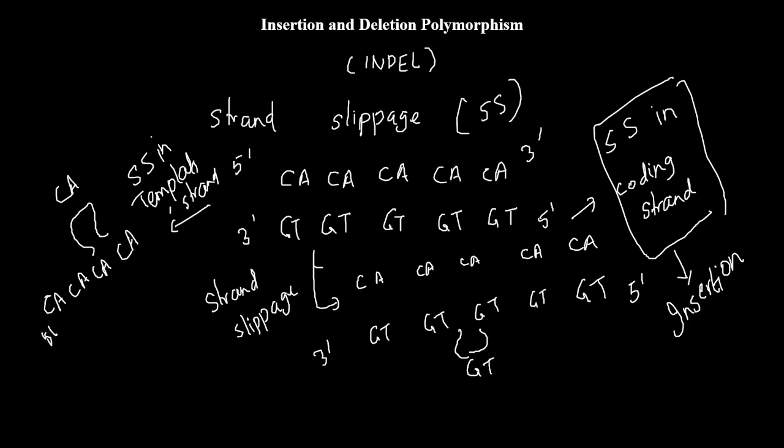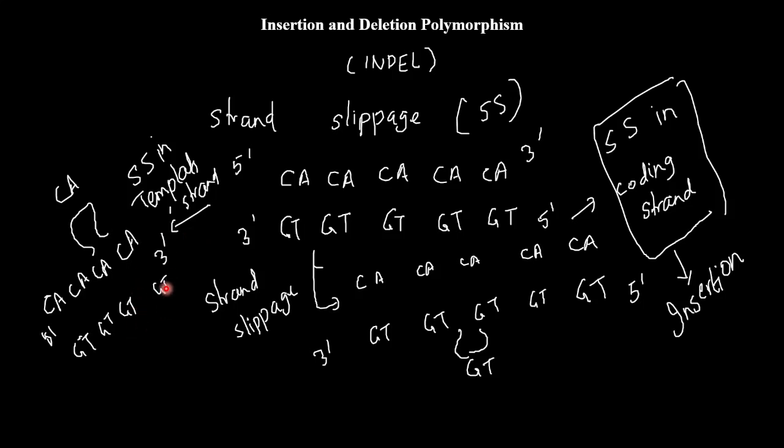Okay. Now, DNA polymerase will make GT, GT, GT, GT. It will not recognize this particular CA.